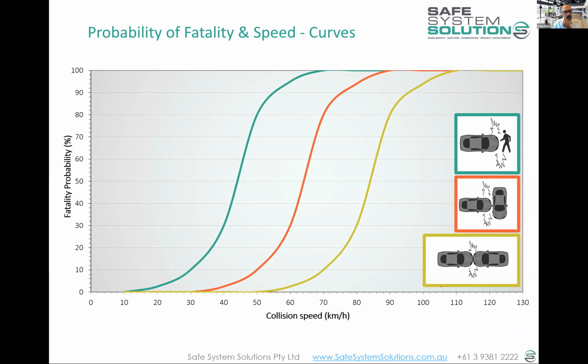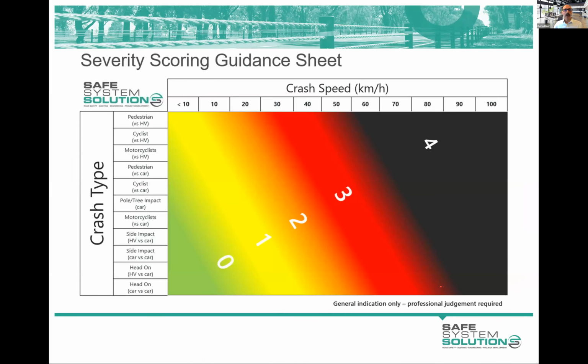And in that severity one, we talked a lot about kinetic energy thresholds and what the human body can handle in different crash types. We saw these graphs. We talked about that kick up around 30 kilometers an hour for pedestrians, 50 kilometers an hour for side impact, head-on crash 70 kilometers per hour, and the dangers after that. We briefly looked at this colorful graph where we're getting a general indication of severity magnitudes of different crash types.